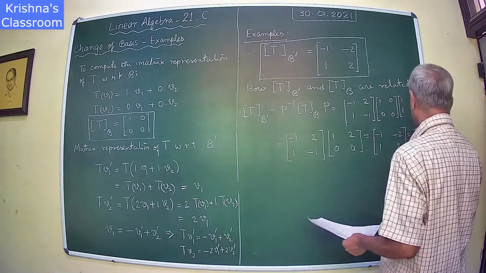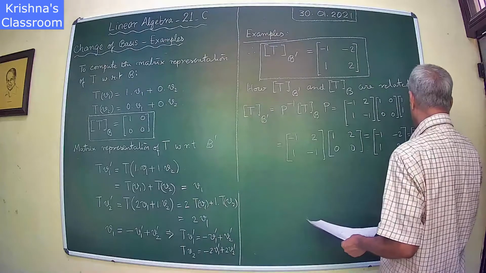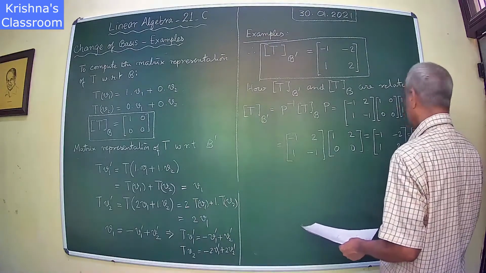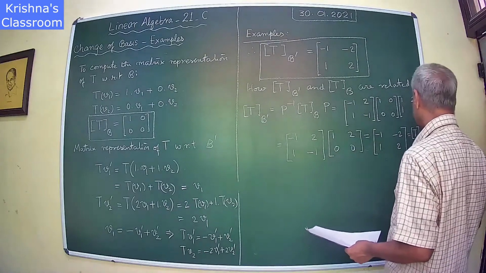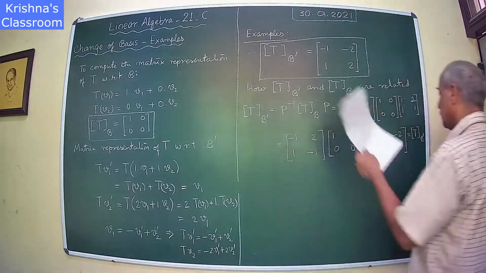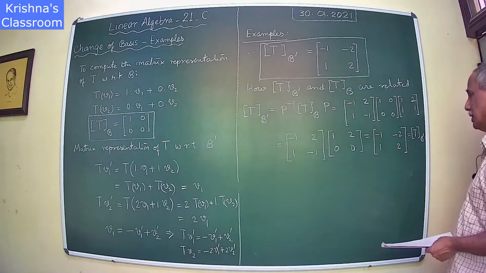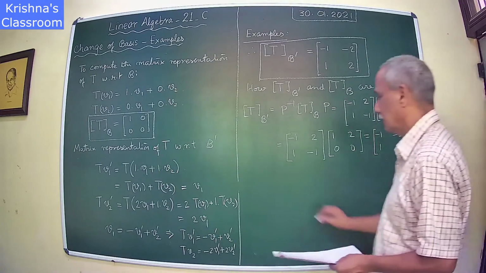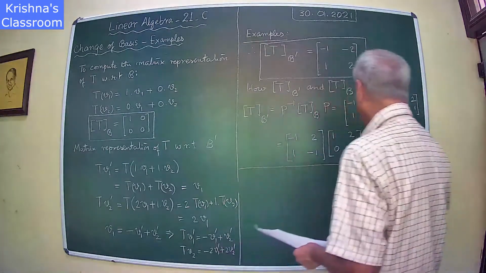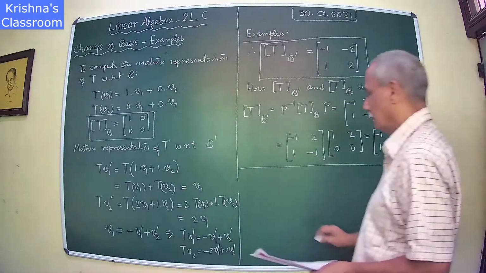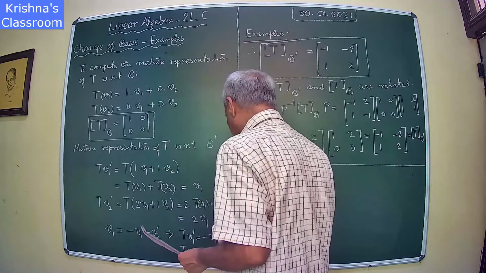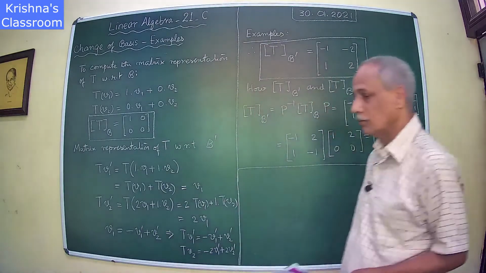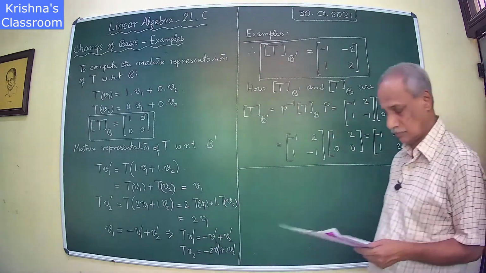This is equal to T_B prime. Okay, so I think that is some indication of how you actually go through the computation.